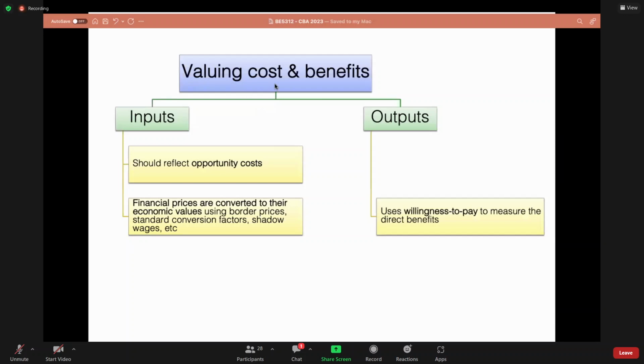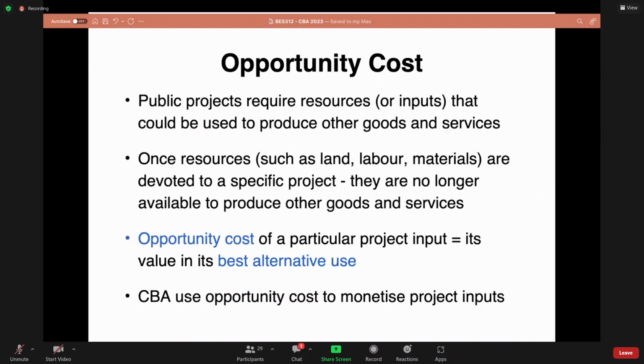In a CBA, whatever inputs we put into the project, when we are pricing them, we usually consider the opportunity costs of those inputs. So what do we mean by opportunity cost?